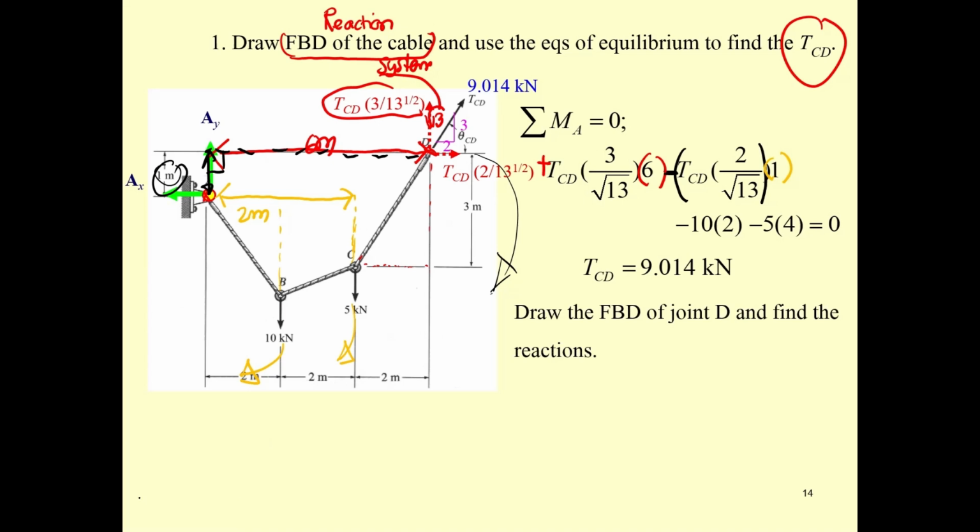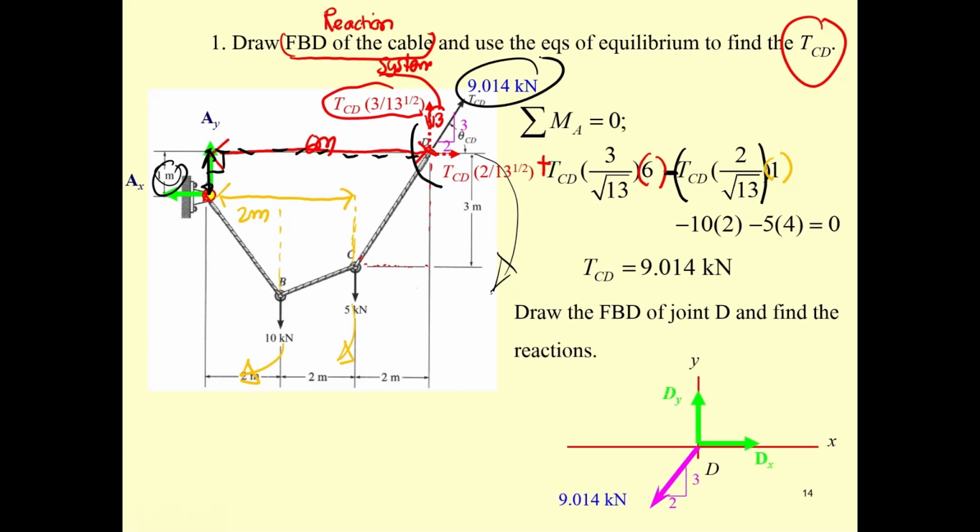And then you may draw the free body diagram of the joints. And I should say there is the joint over here. If you draw the joint D, then you may find the reaction 9.014, going to be by the third law of Newton in the opposite direction, and then you may determine D sub x and D sub y.